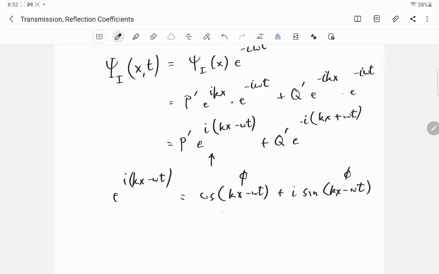So that means this is a traveling wave that travels in the positive x direction. And so is this. I've got a real part that travels in the positive x direction, and an imaginary part that also travels in the positive x direction, right? So these are traveling waves.